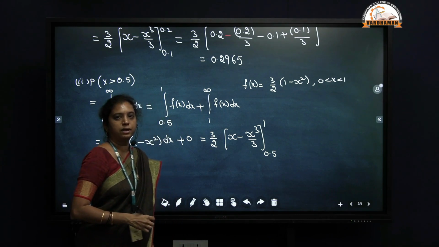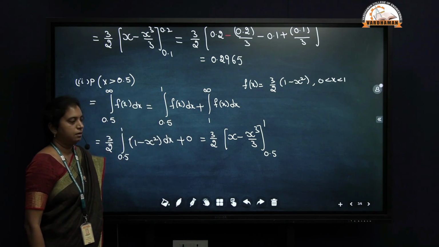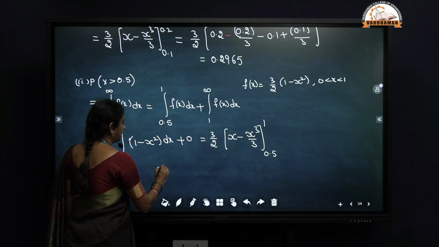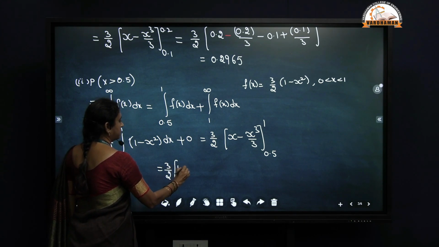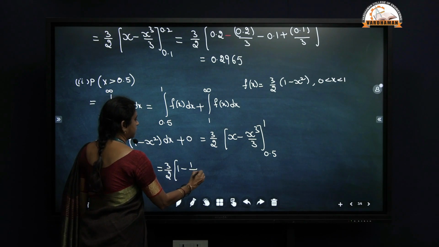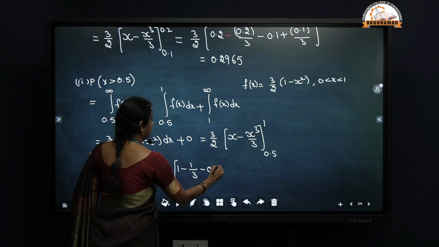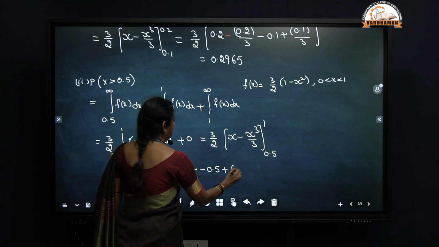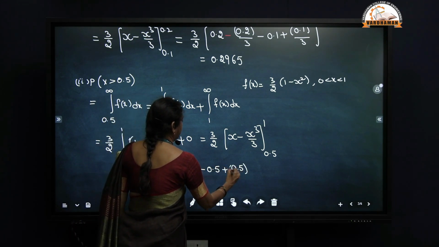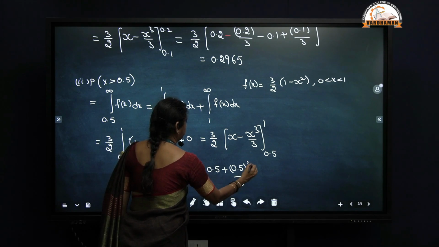Now, we will substitute the upper limit and lower limit. This is equal to 3 by 2, substitute the upper limit first, 1 minus 1 by 3, then substitute the lower limit, minus 0.5 plus 0.5 whole cube by 3.